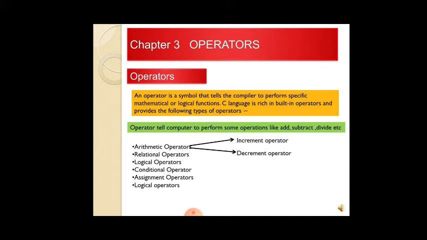C language is rich in built-in operators and provides the following types of operators. There are many operators which are already there inside the programming language and we need to make use of them. Operators tell the computer to perform some operations like addition, subtraction, divide, etc. Let us see some of the operators: arithmetic operators, relational operators, logical operators, conditional operators, and assignment operators.